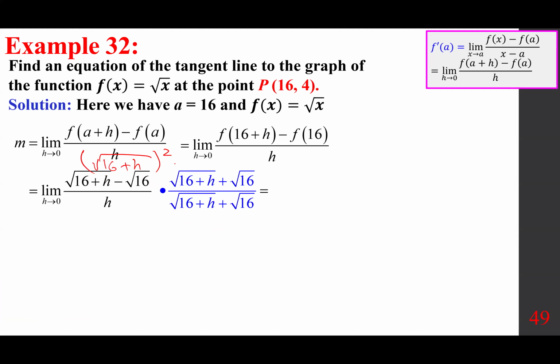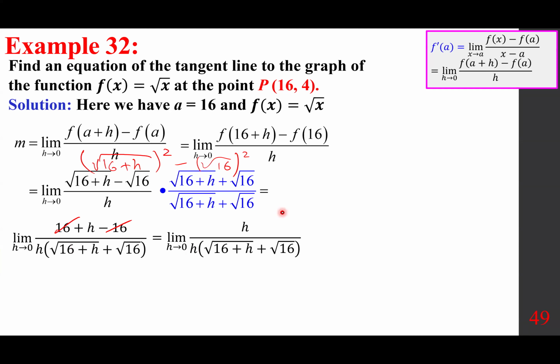The square root of 16 plus h quantity squared minus square root of 16 quantity squared, which is the following. We can cancel out the 16 and negative 16. And again, we were always looking to get rid of the h in the denominator. Now we can.